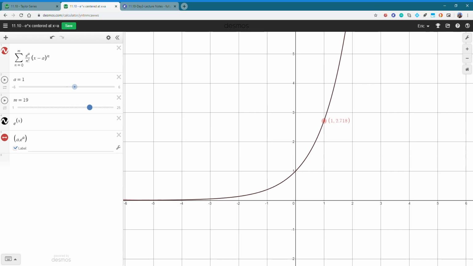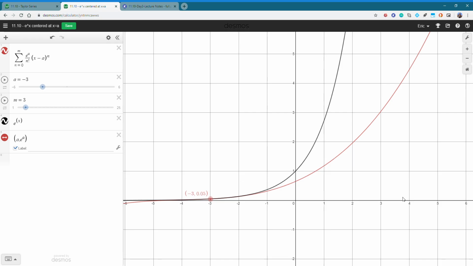That's really the idea to have in mind with what the center does: it gives us this anchor point that we then spread out from. So for example, if we move to something else, like -3, then again, we'll just have a different anchor point. And if we include more and more terms, they'll spread out from there. All right, so that's the picture.